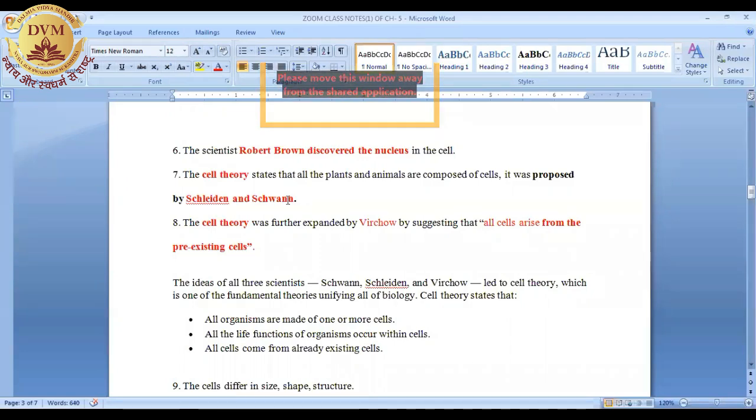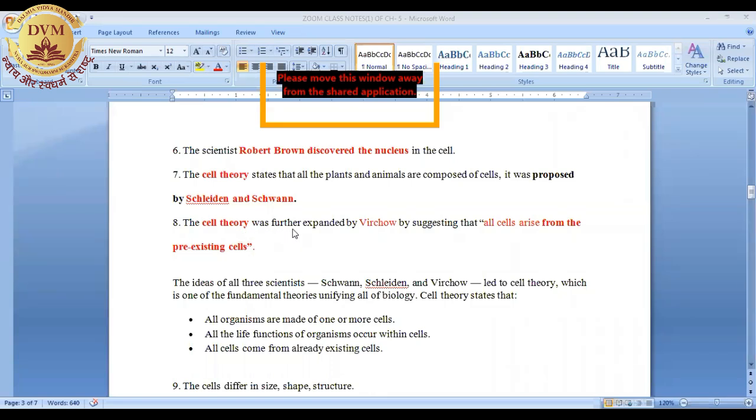But in the beginning, this statement was given by two scientists, Schleiden and Schwann, right? This statement is known as the cell theory, because this statement was about the cell. That's why the name cell theory was given to it, right?